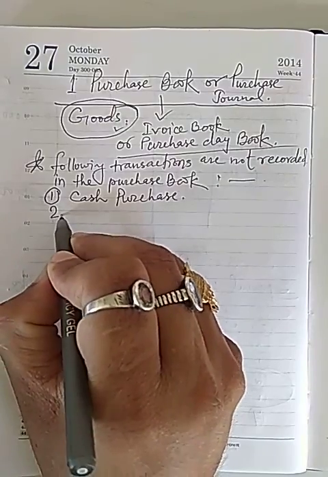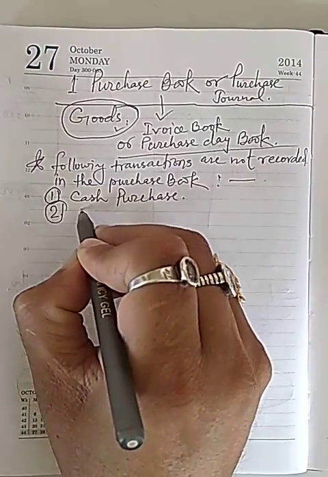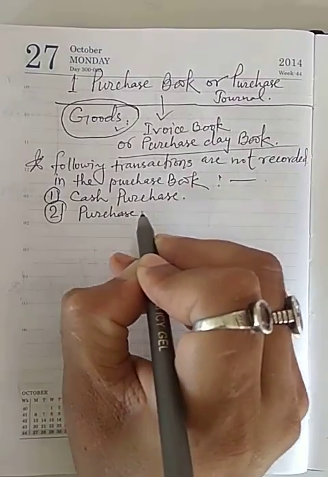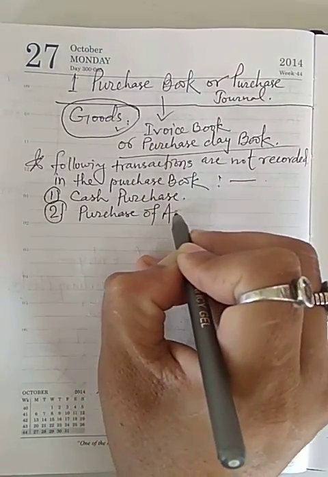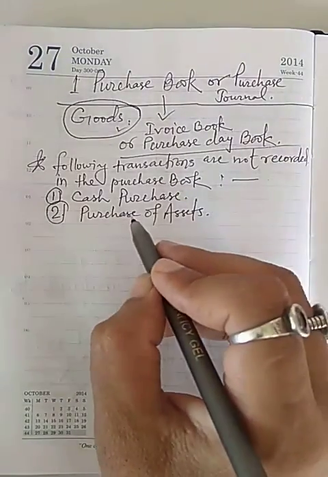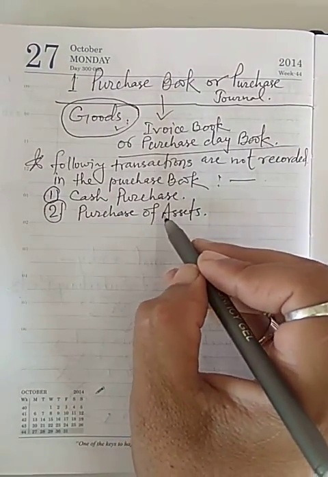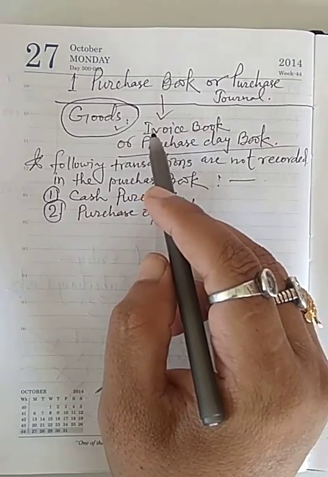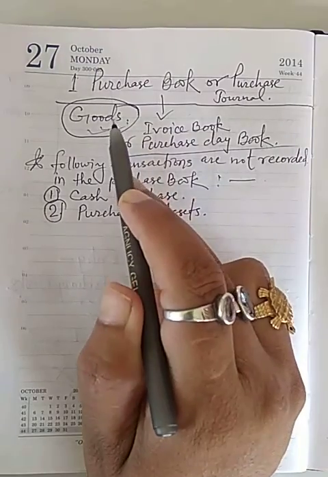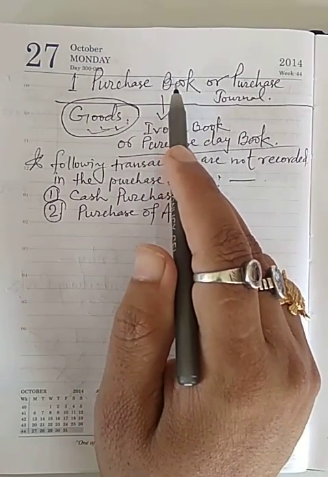Second is purchase of assets. Only credit purchase of goods is recorded in this book.